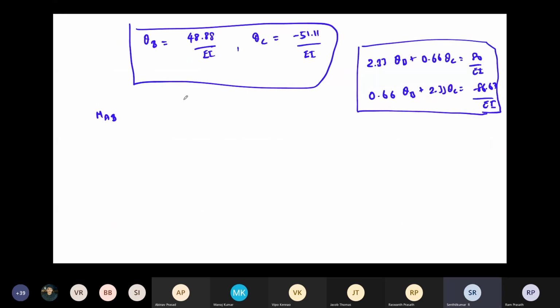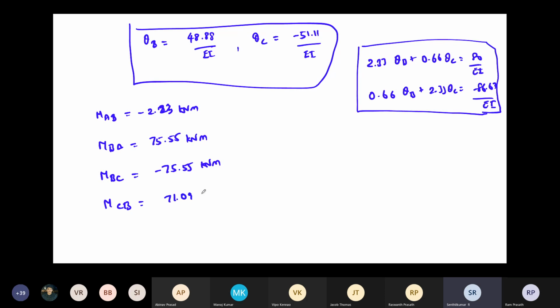When you find them, you will get MAB as minus 2.23 kilonewton meter, MBA as 75.55 kilonewton meter, MBC as minus 75.55 kilonewton meter, MCB is 71.09 kilonewton meter, MCD minus 71.1 kilonewton meter, then finally MDC as minus 5.56 kilonewton meter.